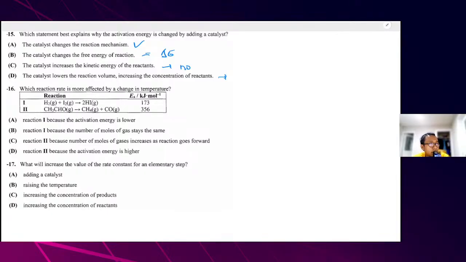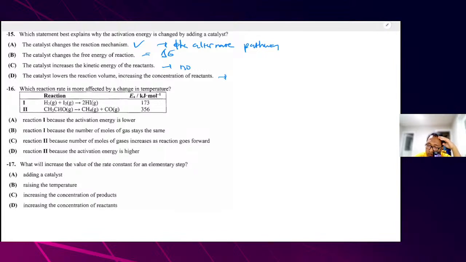So the answer will be A. Why is A correct? Because the catalyst is providing an alternate pathway. Pathway.